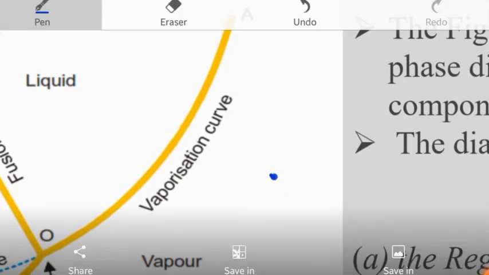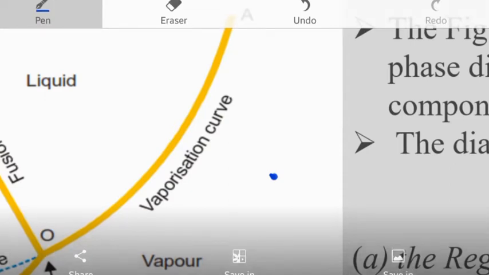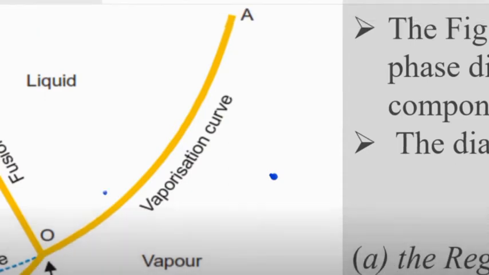Please recall, the lines separating the regions in the phase diagram are called phase boundaries. At any point on the boundary between two neighboring phases, for example liquid and vapor, they coexist in equilibrium.